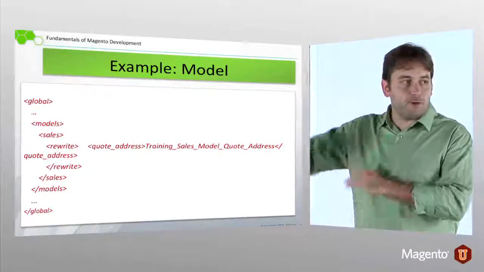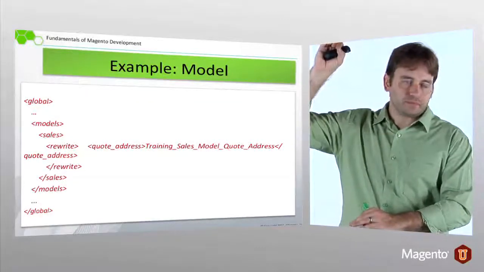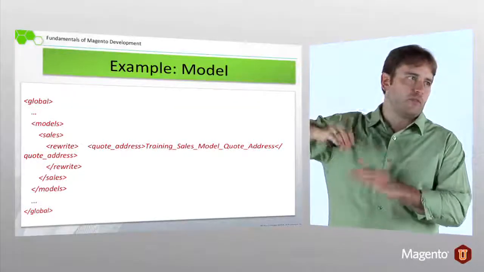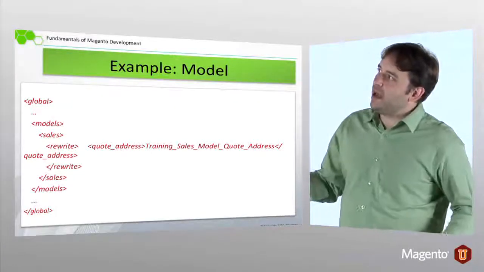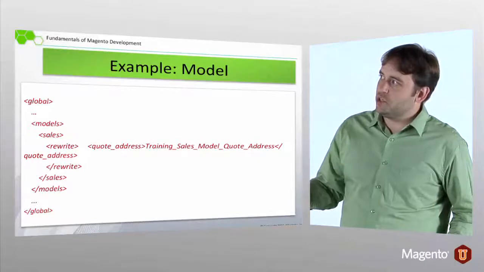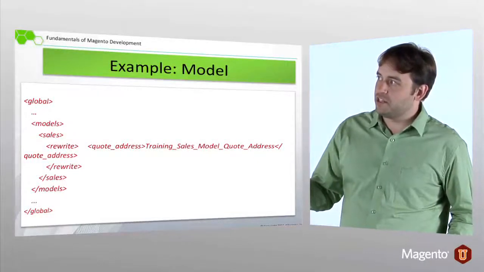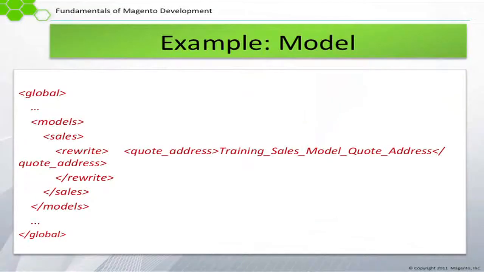So if we looked at the output of the full configuration object, once we do this, you would have sales, and then inside sales you'd have class, Mage_Sales_Model would be the value inside the class node, and that's your class prefix. And again, that's how sales is translated to Mage_Sales_Model.